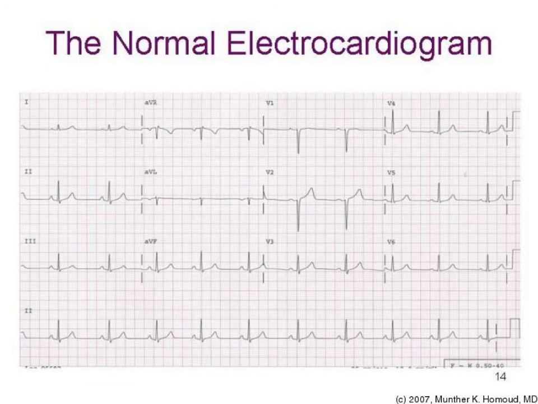When we print an ECG signal, we print it on specialty paper that has large and small square boxes, which helps us determine how long the intervals are and how large the voltage is.